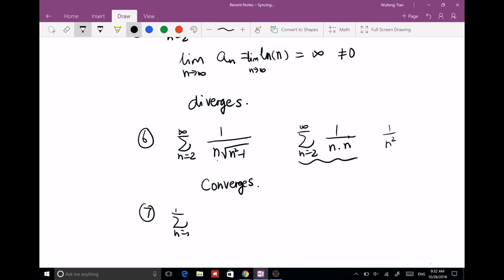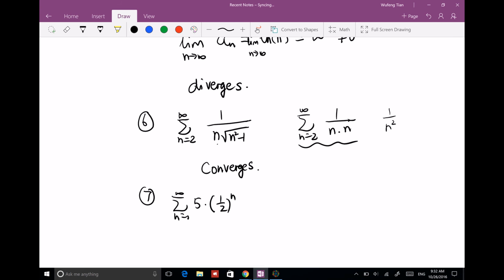n from 1 to infinity, 5 times 1/2 to the power n. I'm going to ask a student here. Zijian, could you please tell me this one? Does it converge or diverge?